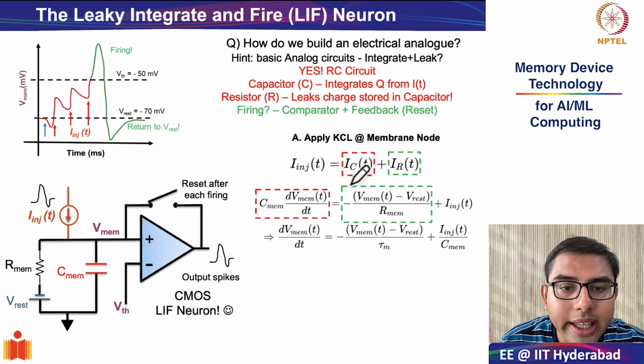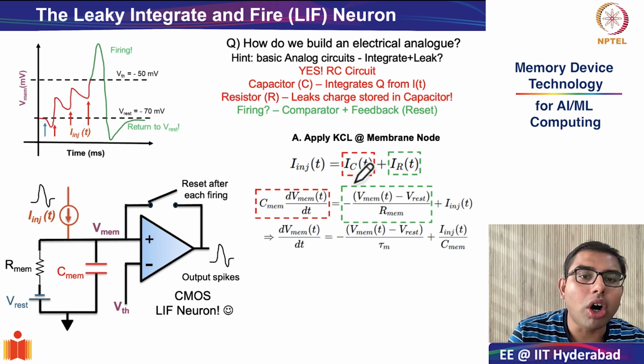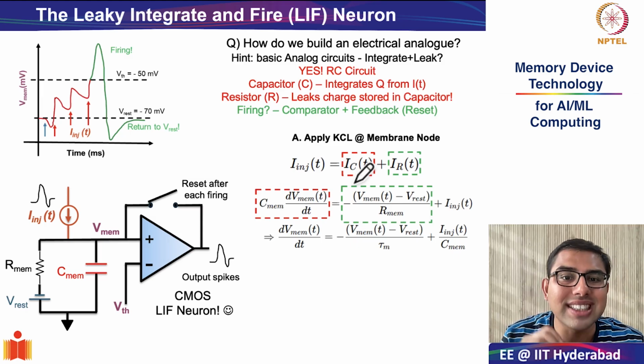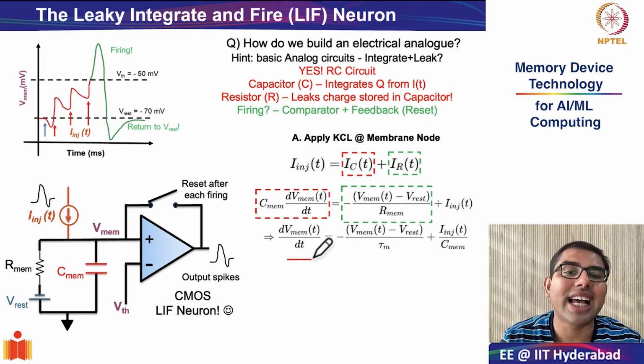If we look at the individual components of the capacitive and resistive branches and break them down, it helps us get how the membrane potential changes as a function of time.